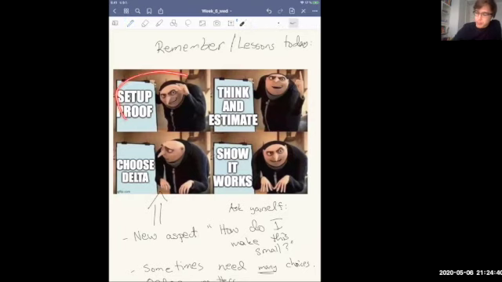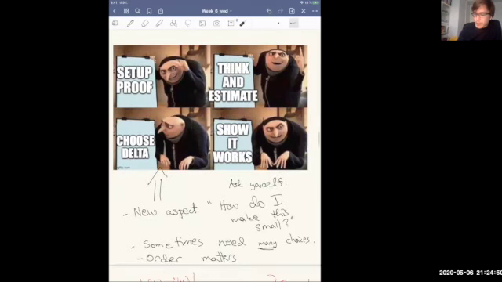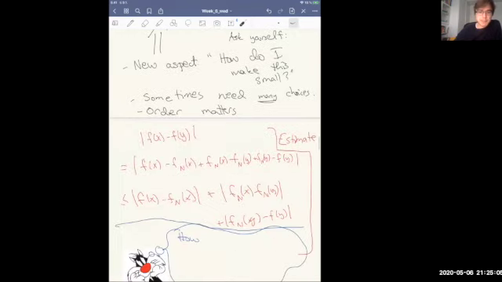Well, we have set up our proof, but we have to think and estimate. And now the new thing that comes up in this proof is that when we make our choice of delta, well, we ask ourselves a question, how to make it small, the estimate that we get from our thinking. And we need to make many choices. In particular, in this case, we need to make 2 choices. So before we know how to write this proof, we have to actually estimate.